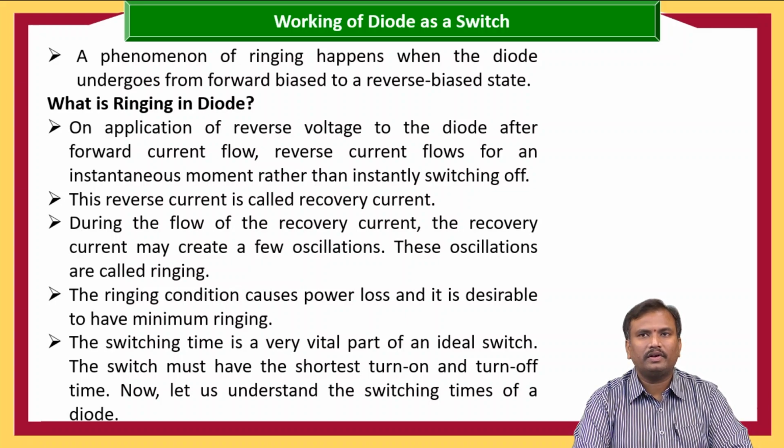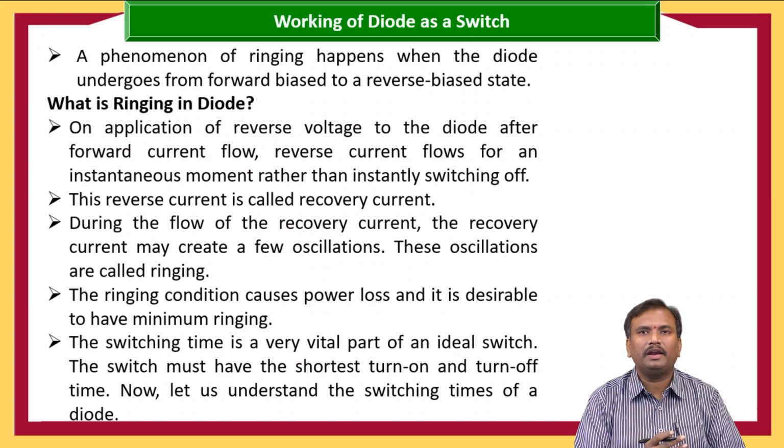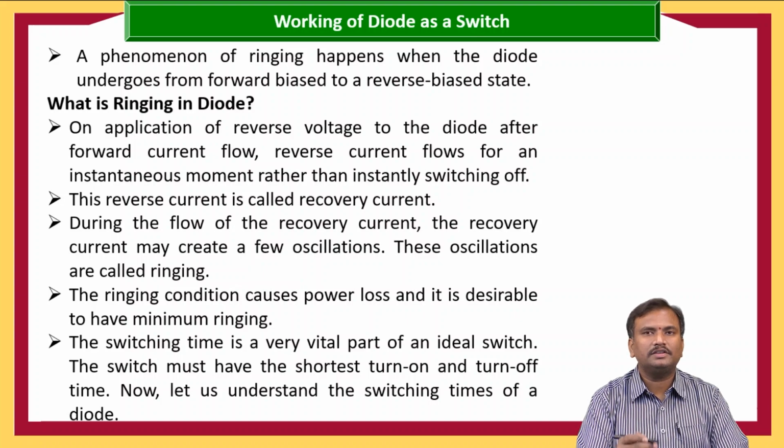During the flow of the recovery current, it may create a few oscillations. Because reverse voltage is applied, we get some oscillations in the current. These oscillations are called ringing.